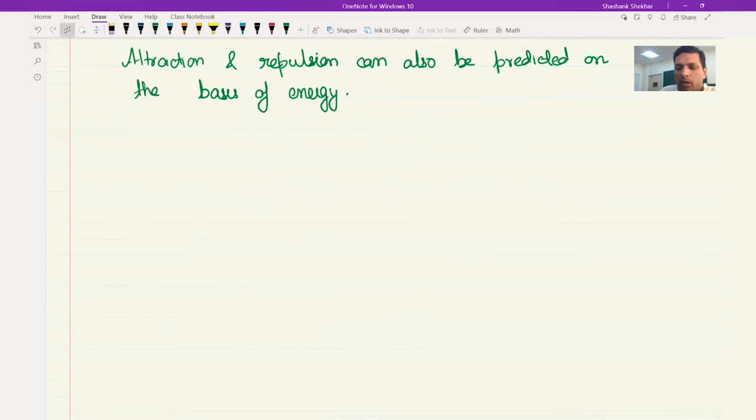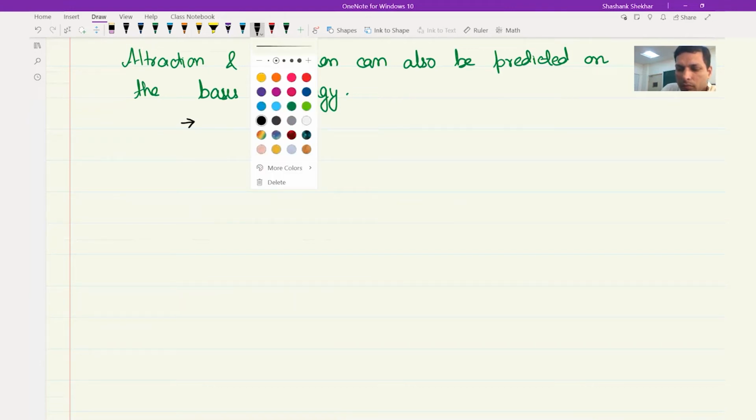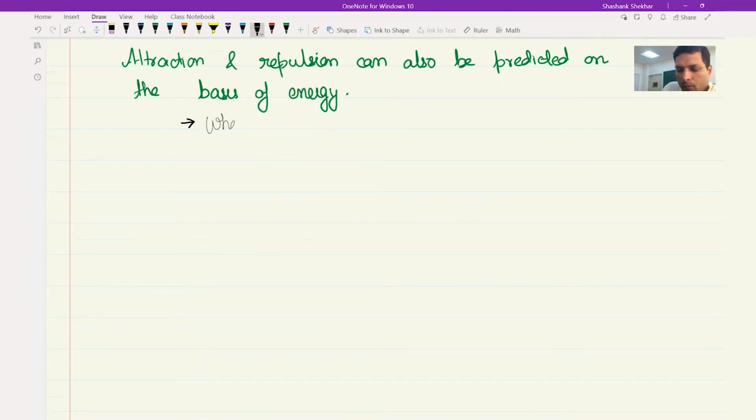So when two dislocations of same sign are sitting next to each other, let's first consider this case.